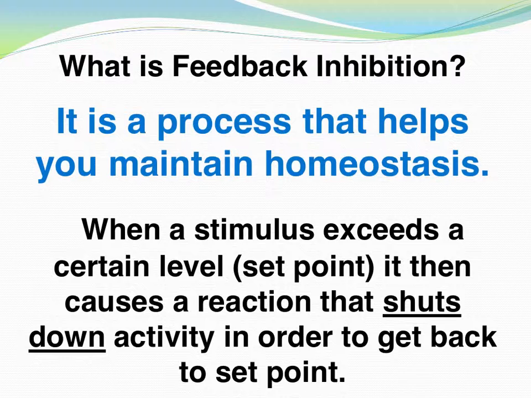And that just means that feedback inhibition is a form of negative feedback. So for example, if you went for a run and your heart rate became very elevated, when you stopped running, your body would do everything it could to bring your heart rate back to normal levels, reducing the activities, bringing everything back down to normal levels. That would be considered a negative feedback or a feedback inhibition type of activity.